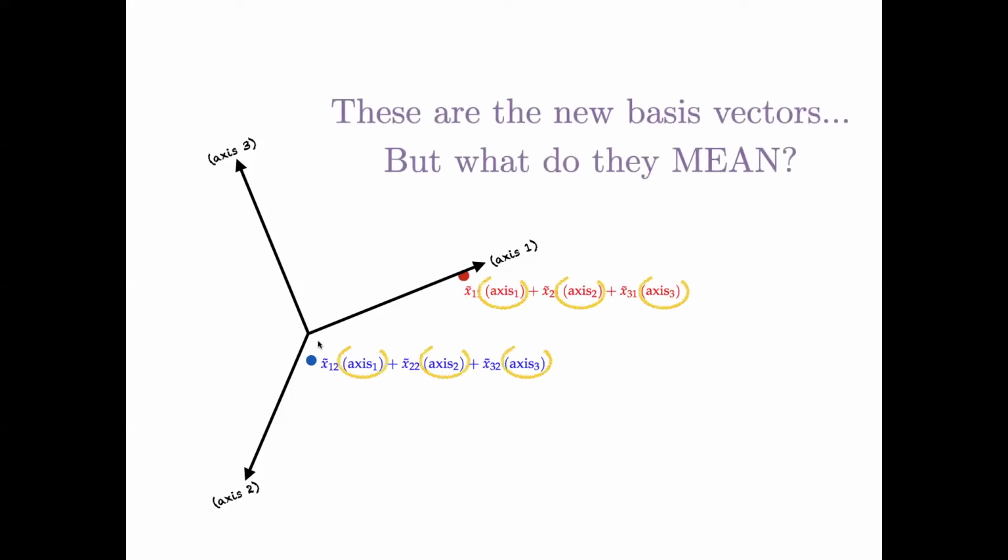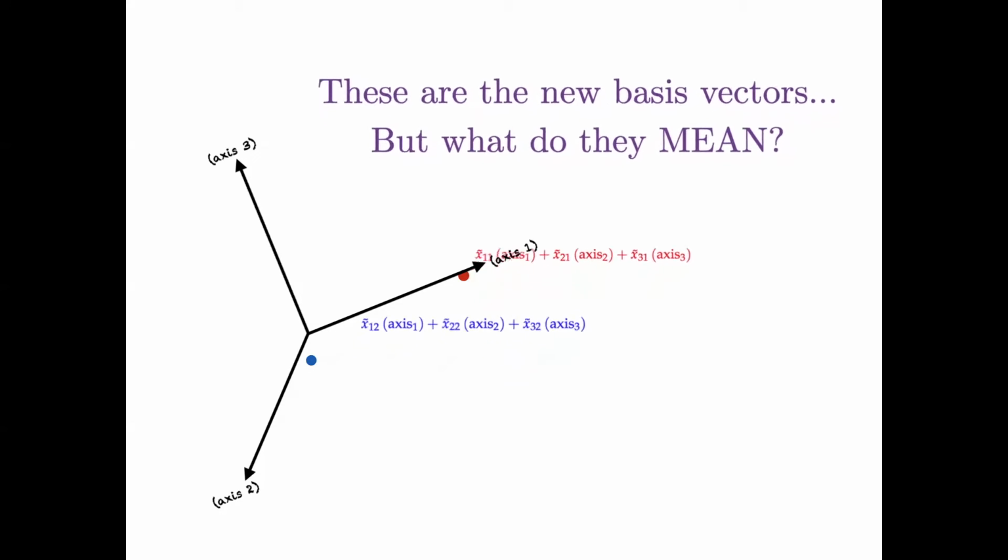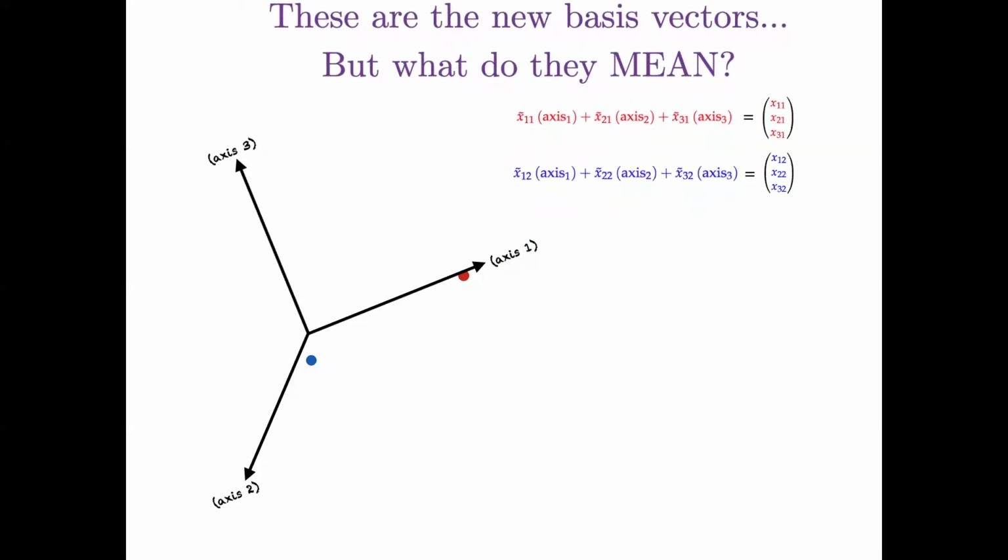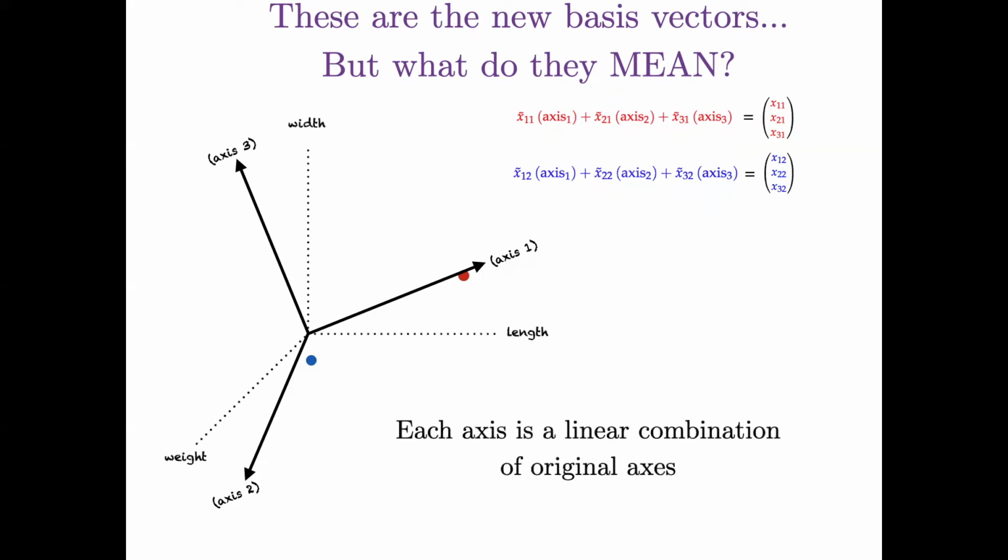So I have these new basis vectors, but what do they mean? That's probably the first question that we ask. So let's move these expressions up to the top. And let's talk about these new axes for a minute. Let's ignore the points and just talk about these new axes. Well, each axis is a linear combination of my original axes.